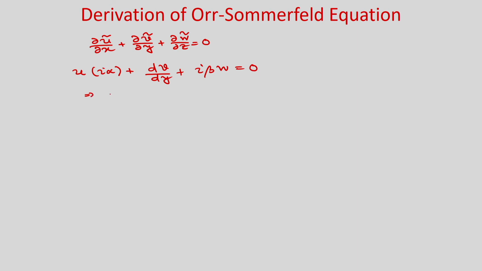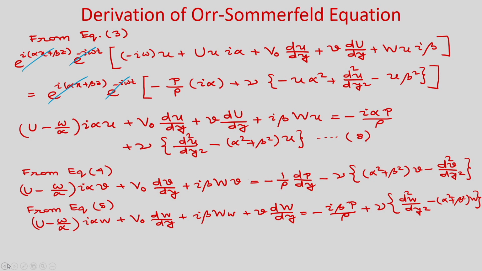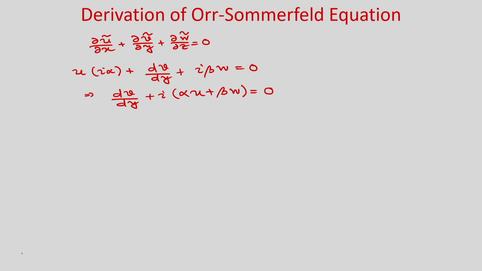So, from here you can write that dv by dy plus i (alpha u plus beta w) is equal to 0. Let us call this equation number 9, this is 10 and this is 11.